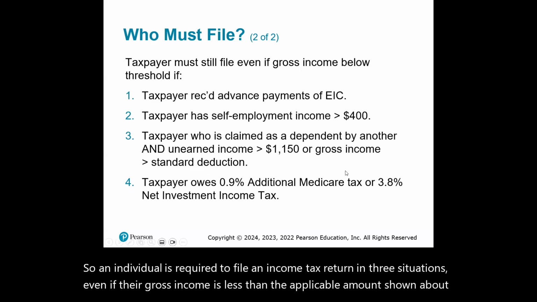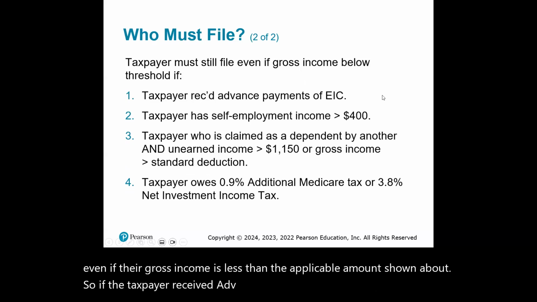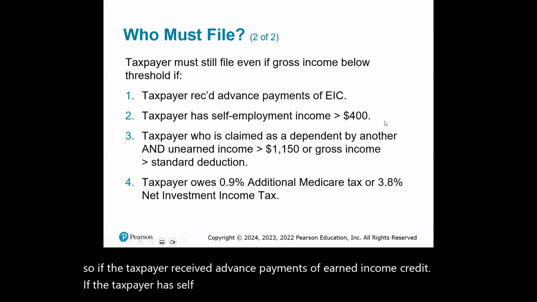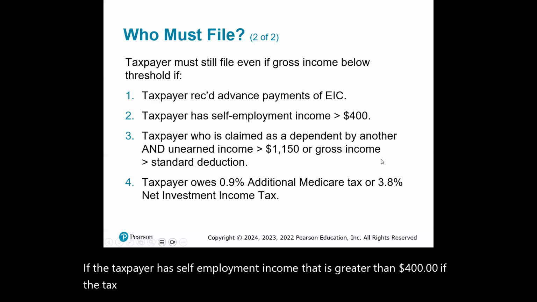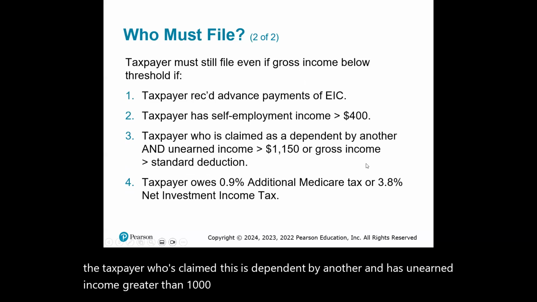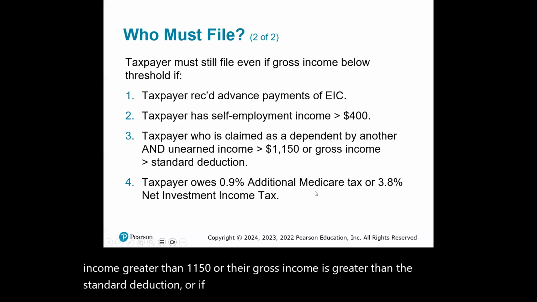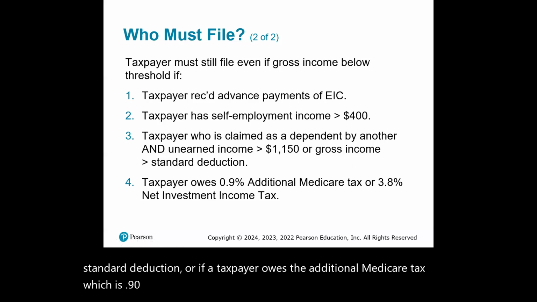If the taxpayer received advance payments of earned income credit; if the taxpayer has self-employment income greater than $400; if the taxpayer is claimed as a dependent by another and has unearned income greater than $1,150, or their gross income is greater than the standard deduction; or if a taxpayer owes the additional Medicare tax, which is 0.9%, or the 3.8% net investment income tax.